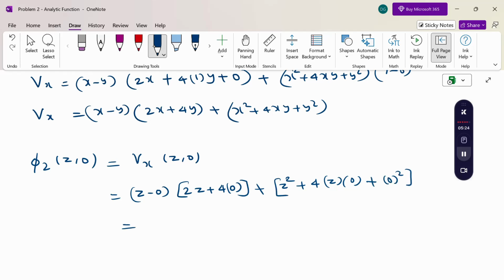Now what is the value here? 2z into z plus z square, other terms 0, so 3z square is the value of phi 2 of z comma 0.